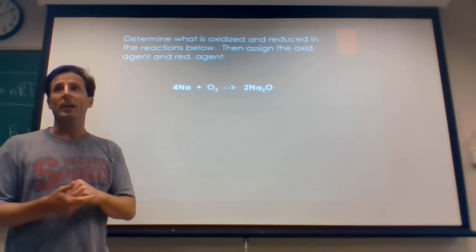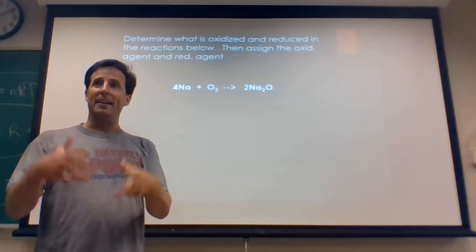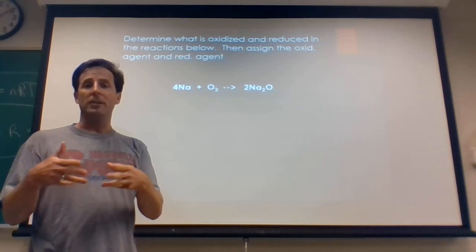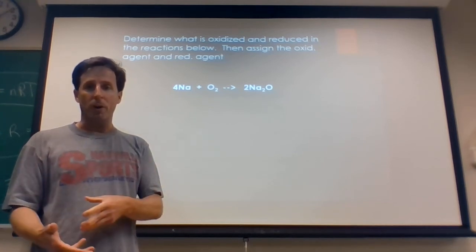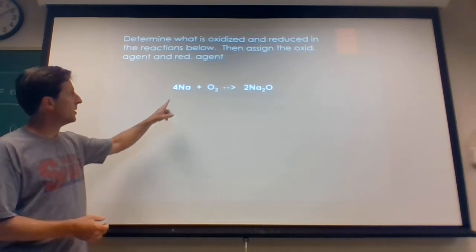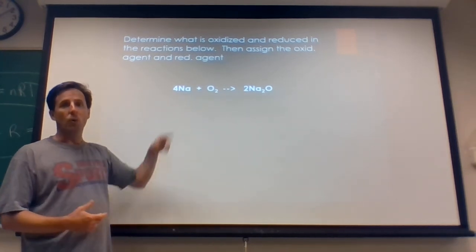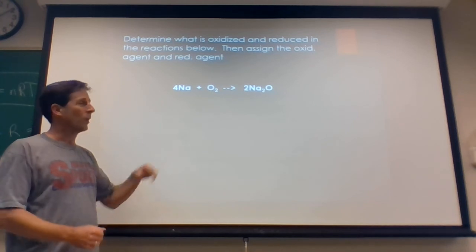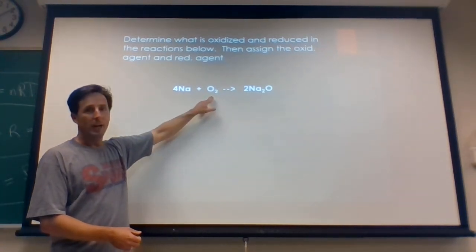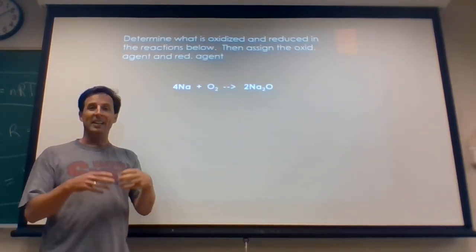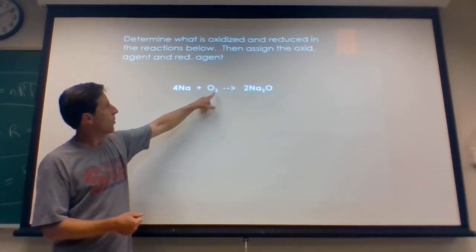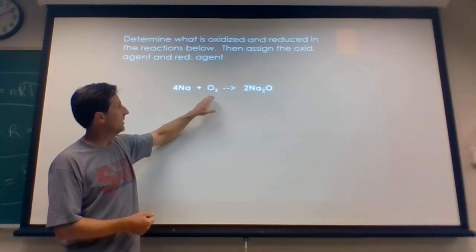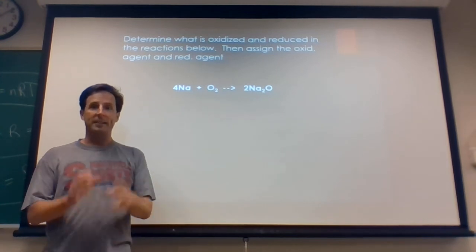Then I would look at it and say, what was added to cause the oxidation to occur? We already said that sodium was oxidized. So what did we add to cause it to be oxidized? Well, it's the other compound. Usually the oxidizing agent is the whole compound, so I would say that O2 is the oxidizing agent.